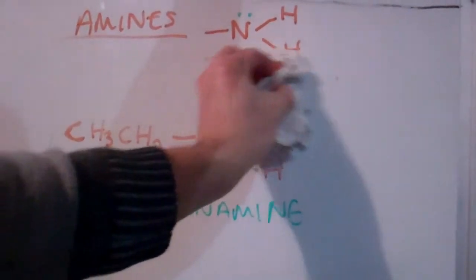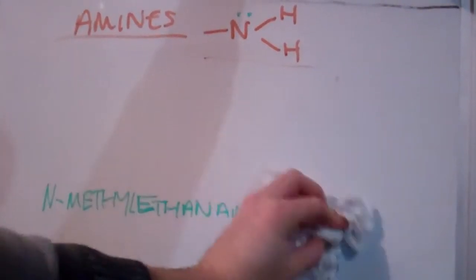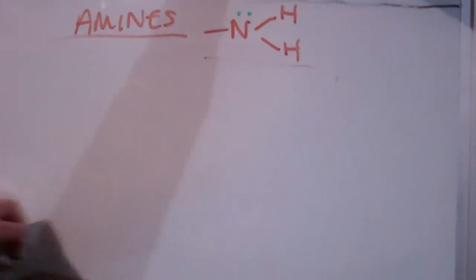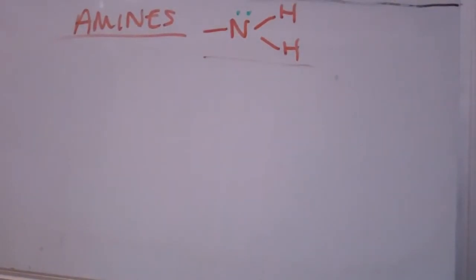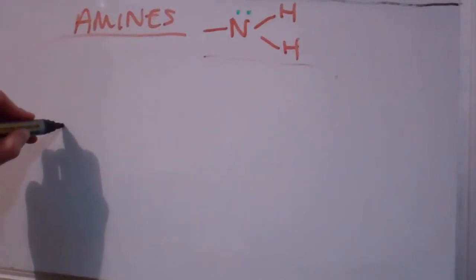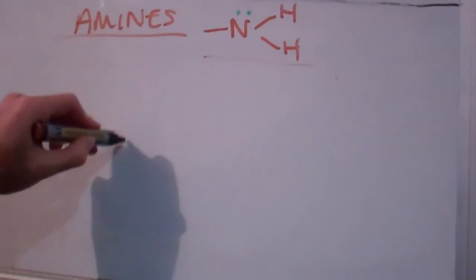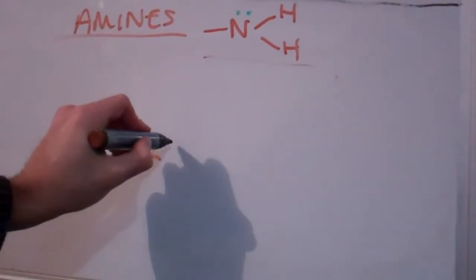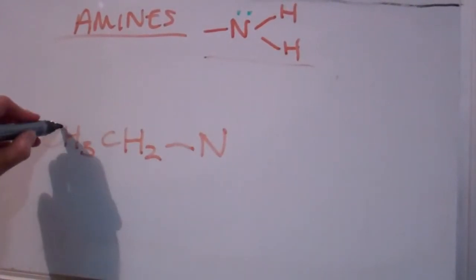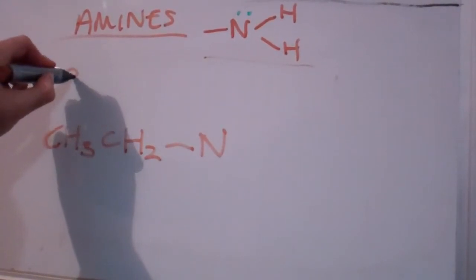Let's look at naming something a bit more complex. We'll look at a tertiary amine. We'll do the same amine, ethanamine again, but we'll just make it tertiary this time. So we've still got CH3, CH2, and we've still got our amine group. So this is tertiary.